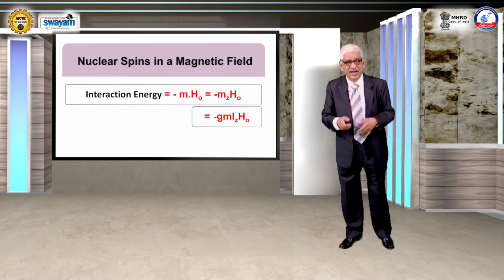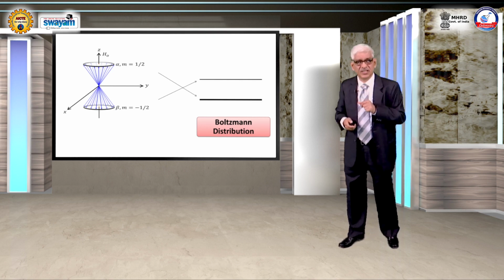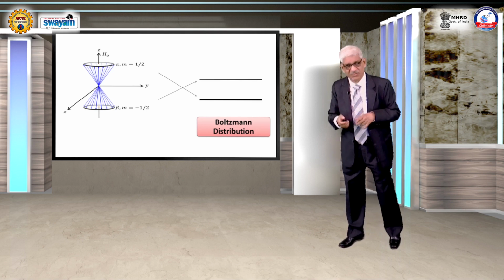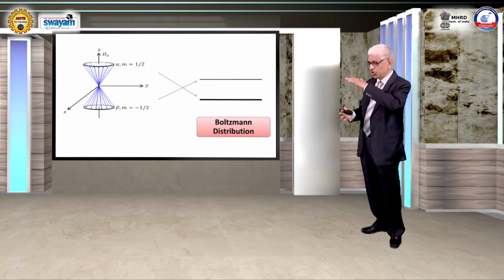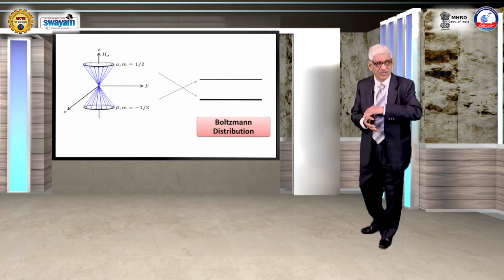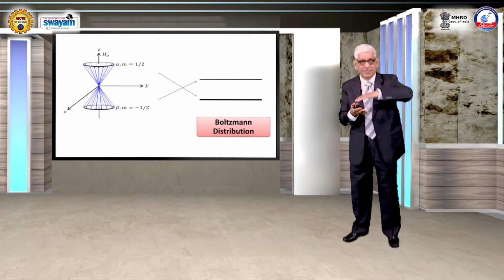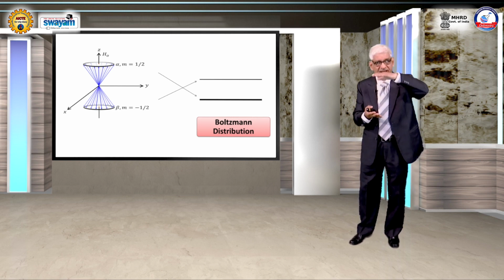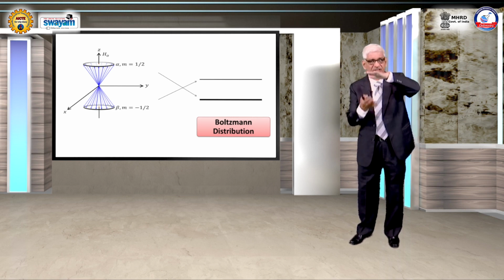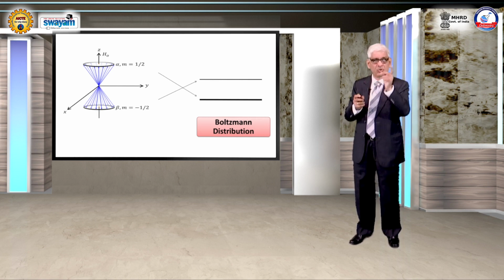Now we look at the spins in a magnetic field in a slightly different approach, a sort of classical approach. Suppose you have an ensemble of spins, let us say there are 1 trillion spins in your sample, all of these tiny nuclear magnets, and they distribute between the 2 levels, each with the 2 orientations.